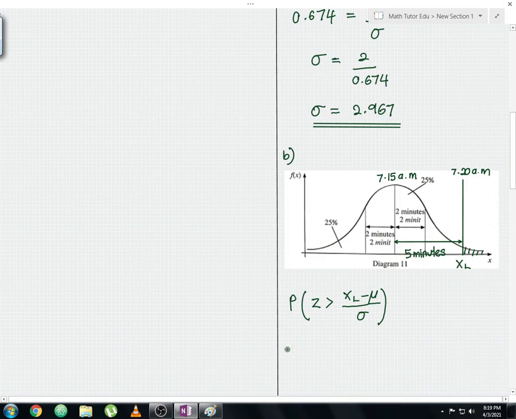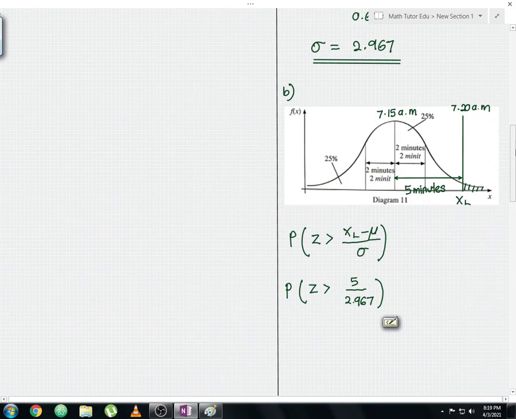So from here, probability Z more than 5, and then you divide by 2.967. You calculate this. So from here you should get your probability z more than, let me calculate this, guys.